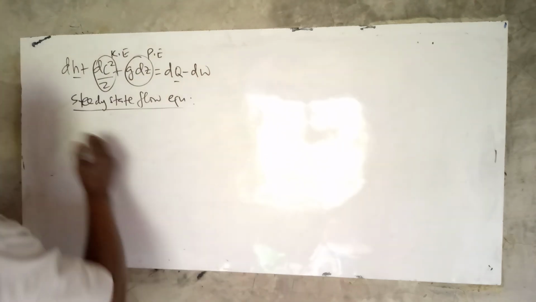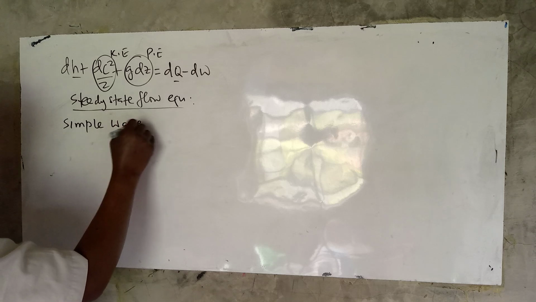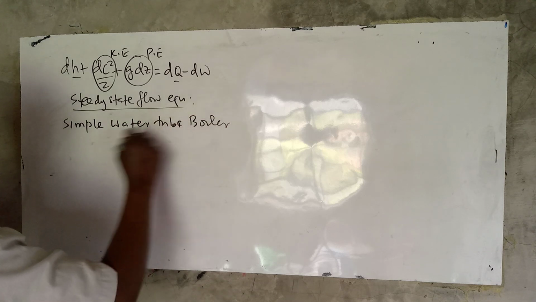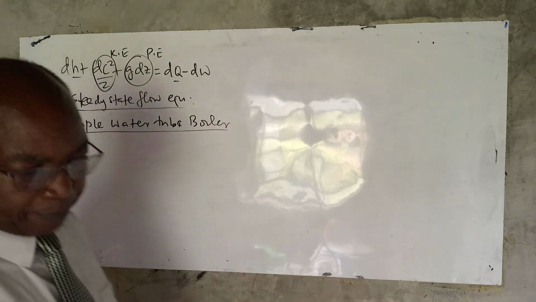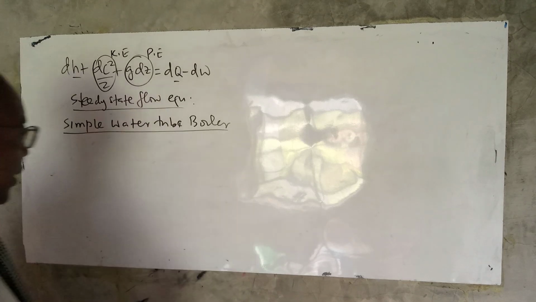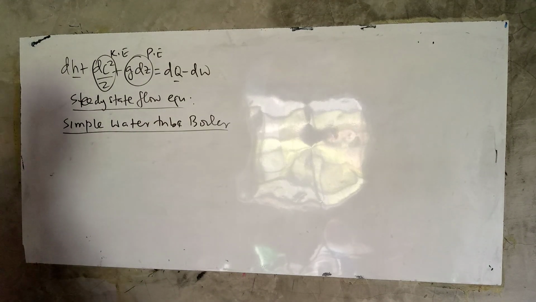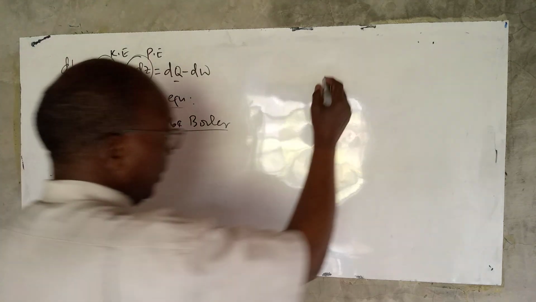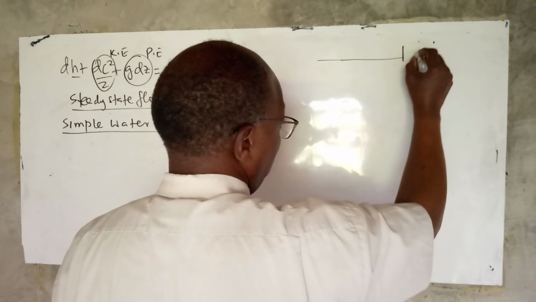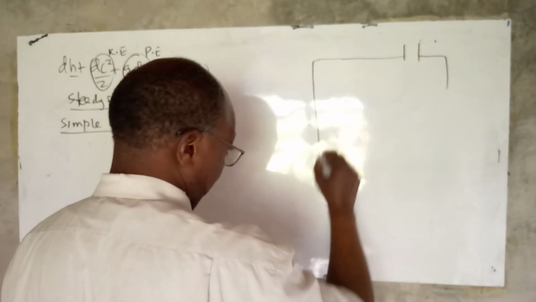Now, let us consider a simple water tube boiler, an example where we have an open system and we have a steady flow. So if we draw some schematic representation of this simple water tube boiler, let's draw it here. So we have our system.